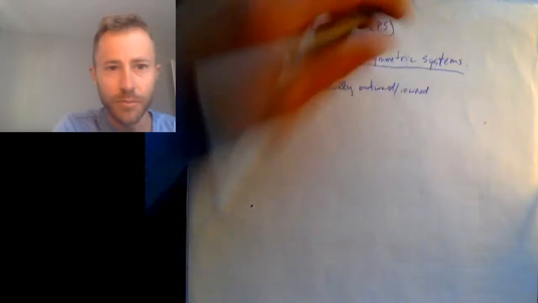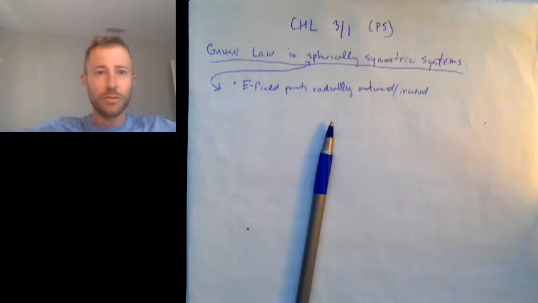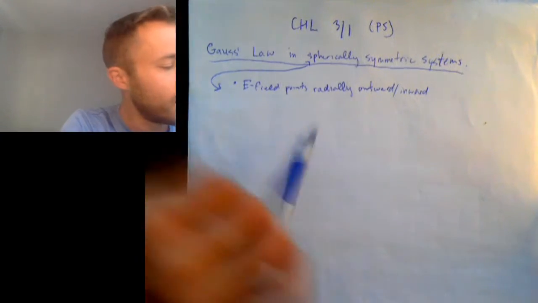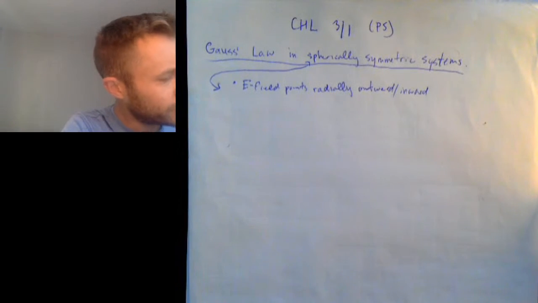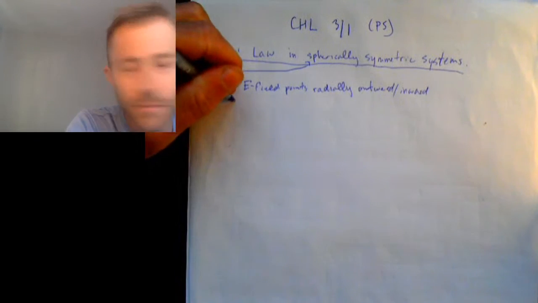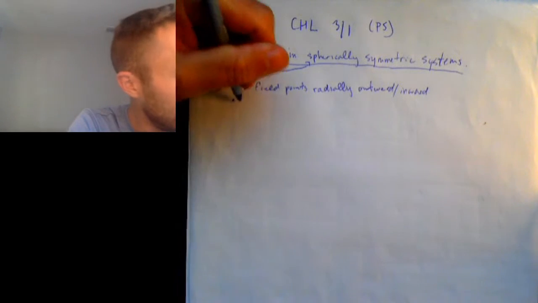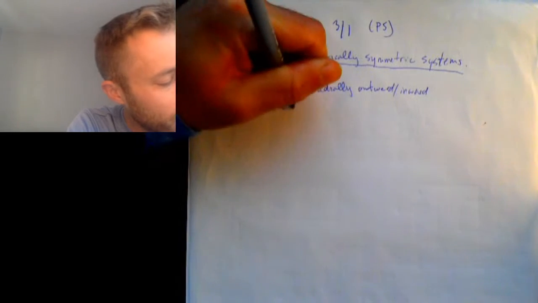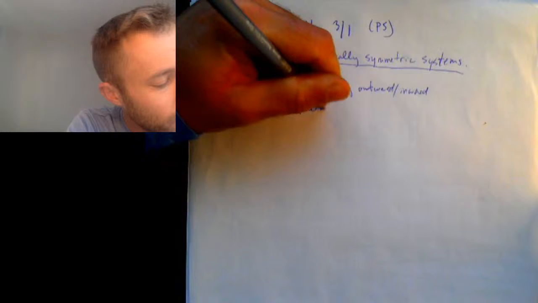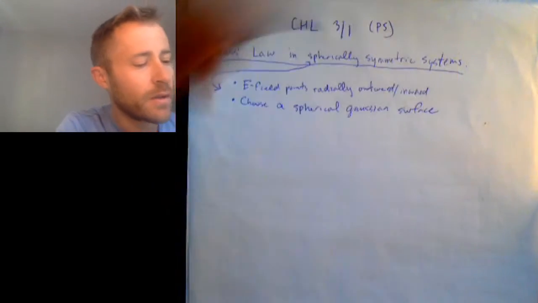So that means you have the center of your charge distribution. The electric field points directly away from that. Okay. And we are going to choose a spherical Gaussian surface.